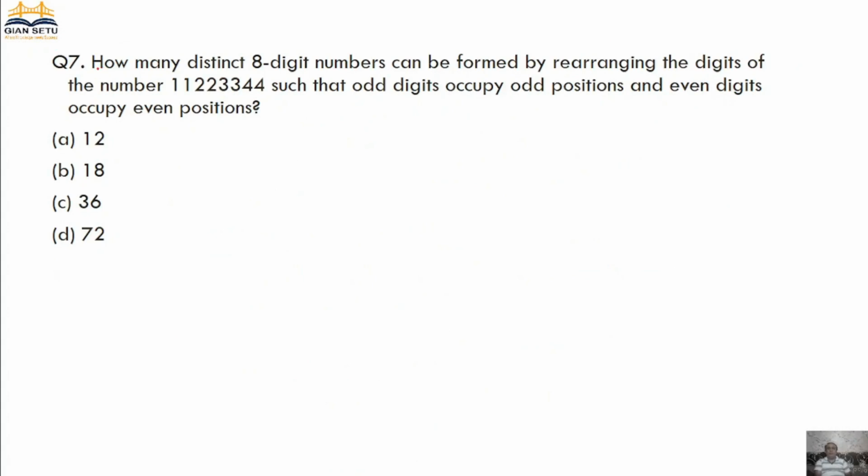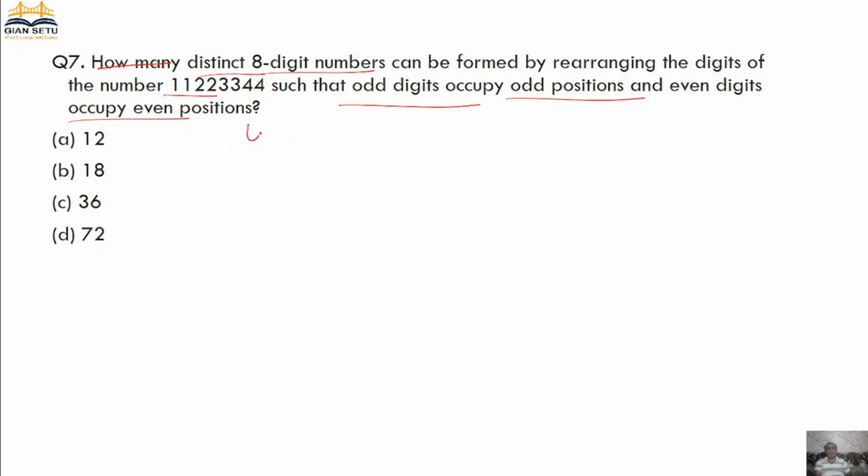Now question number 7 is, how many distinct 8-digit numbers can be formed by rearranging the digits of the number 1, 1, 2, 2, 3, 3, 4, 4 such that odd digits occupy odd positions and even digits occupy even positions. Right. Now the given 8-digit number has 8 positions.